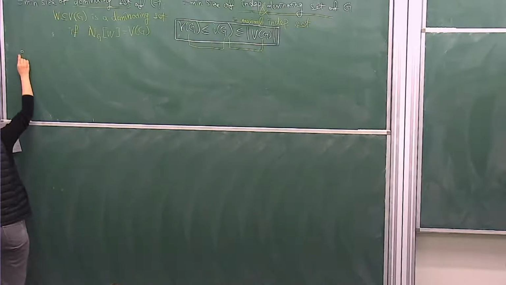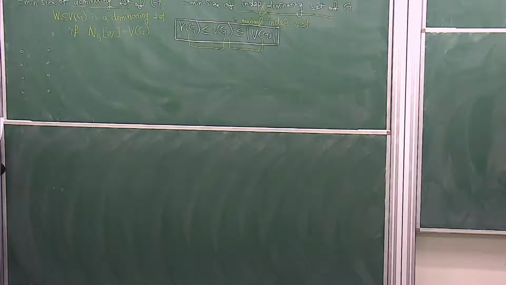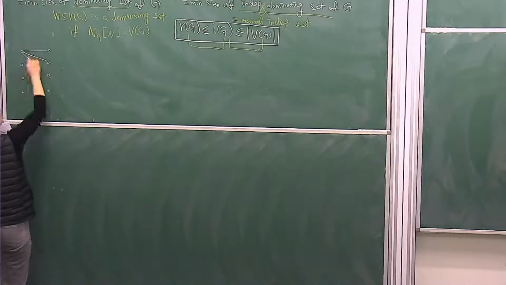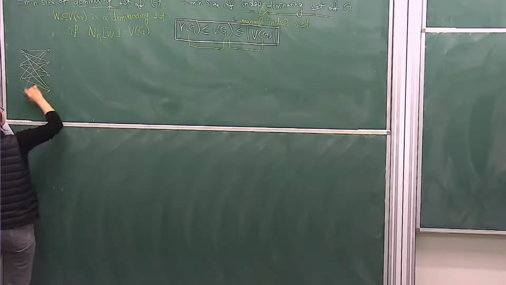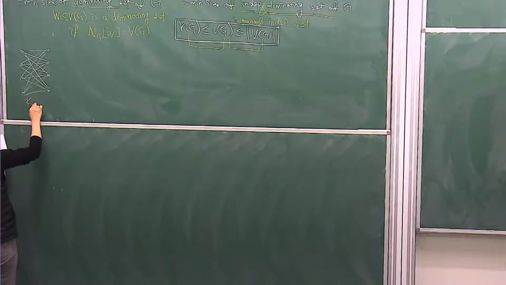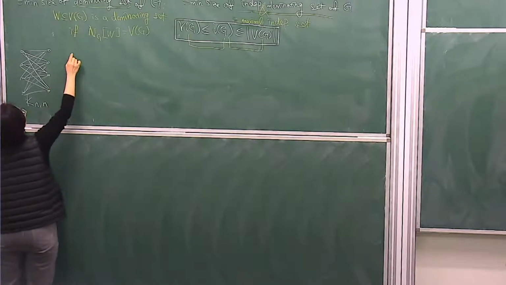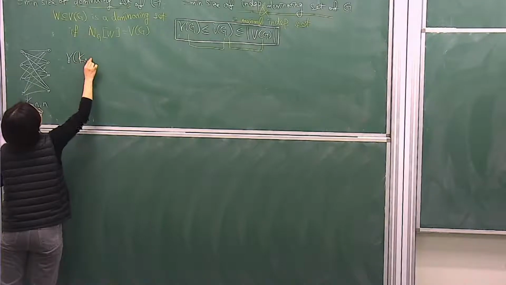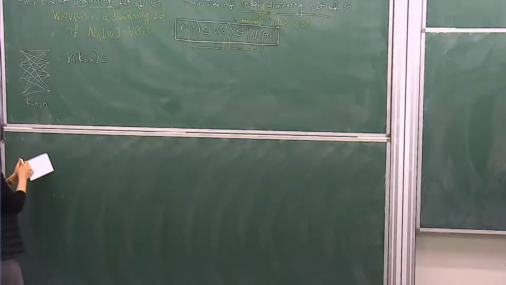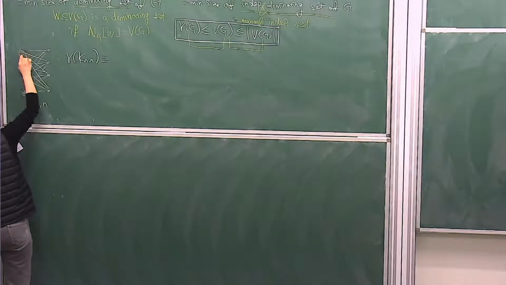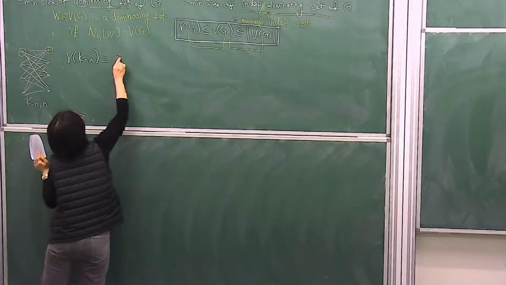Consider the complete bipartite graph with same sizes, n and n. Then what is the domination number here? Two, yeah. One vertex at each side. So this is 2.